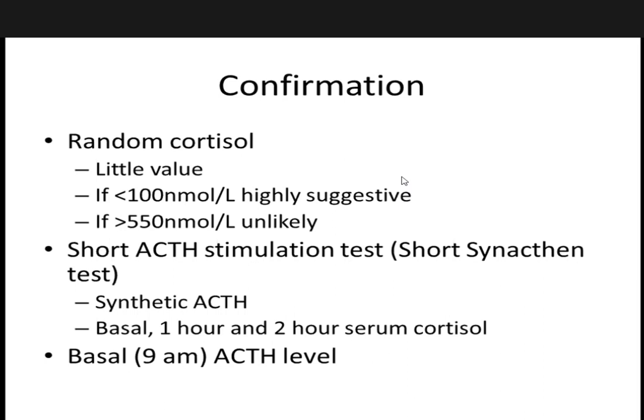So you check the basal serum cortisol value, then 1 hour after ACTH stimulation and 2 hours after ACTH administration. You check the serum cortisol level, right? At the same time, you can combine that with a basal ACTH assessment.